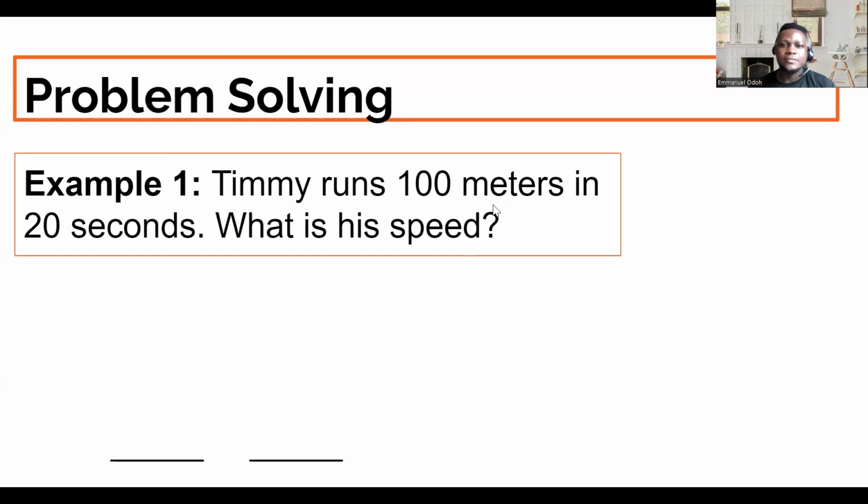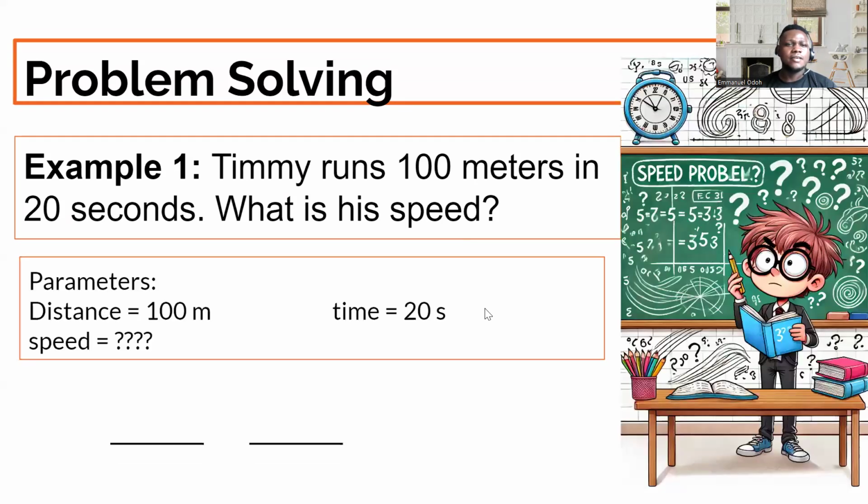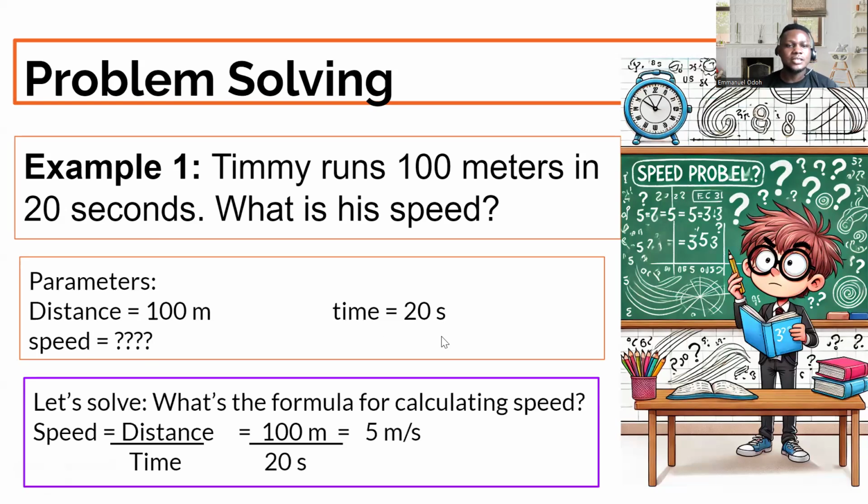Our speed formula is distance divided by time. The question has given us distance to be 100 meters, time to be 20 seconds, and we have to calculate the speed. We solve by making substitution into the speed equation, distance over time.